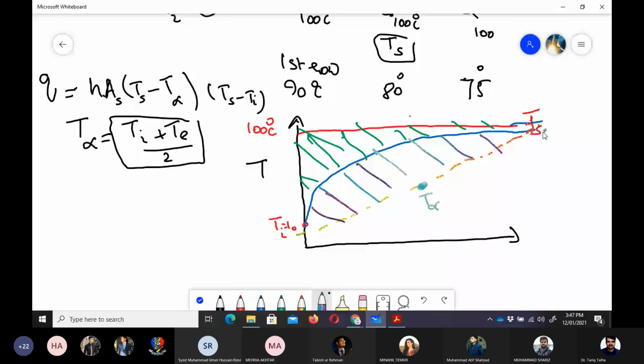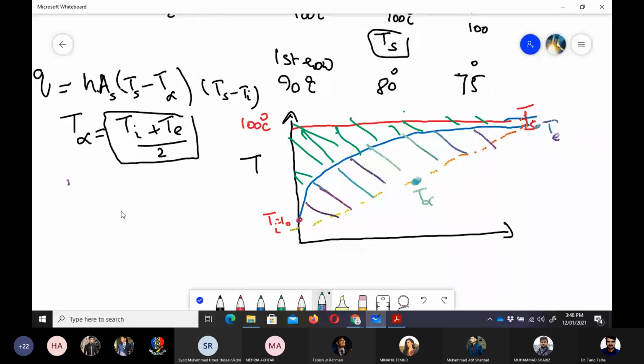Atif, are you with me? यस सर. Now you can see that if we use this linear line, the area under the curve increases very much. Do you understand this? यस सर. तो इसका मतलब ये है कि ये जो लीनियर एजम्पशन लेके अगर हम करते, तो क्योंकि अब एरिया अंडर द कर्व ज्यादा है, तो हमारे पास जो Q की वैल्यू आएगी, Q calculated from here would be very much higher than Q actual.